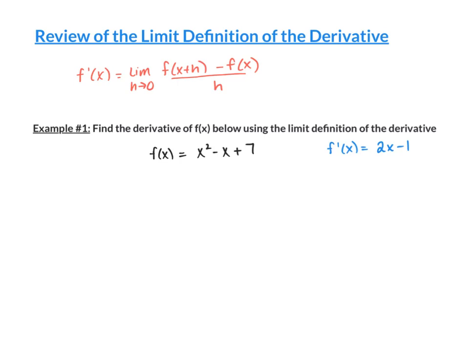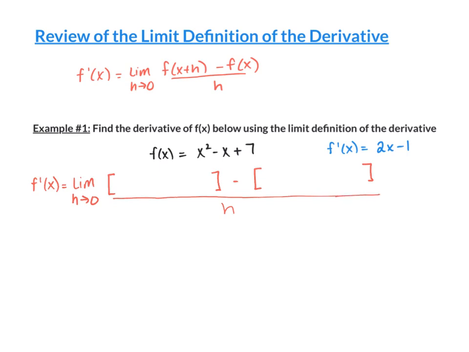So, if I want to find the derivative using that limit definition, the derivative is equal to the limit as h approaches 0 of f of x plus h minus f of x all over h.